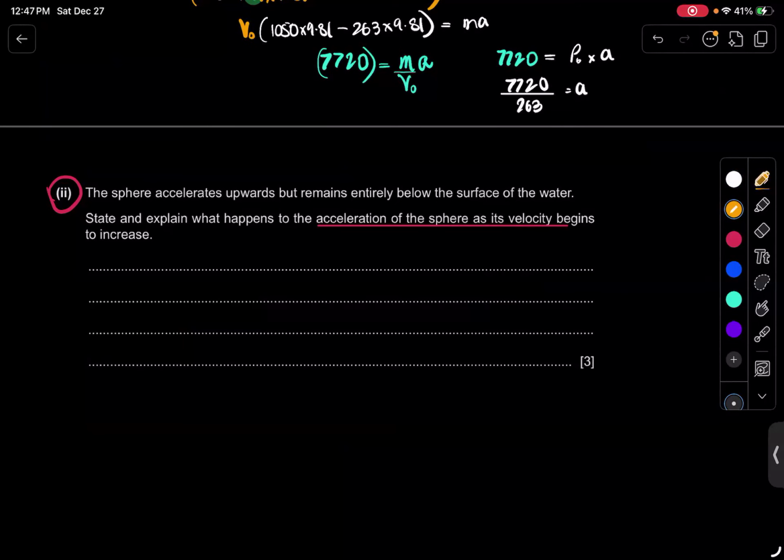Now this is a good question. Wait, the sphere remains entirely below the surface of the water. So if it remains below the water, that means that, hmm, what happens to the acceleration as its velocity begins to increase?